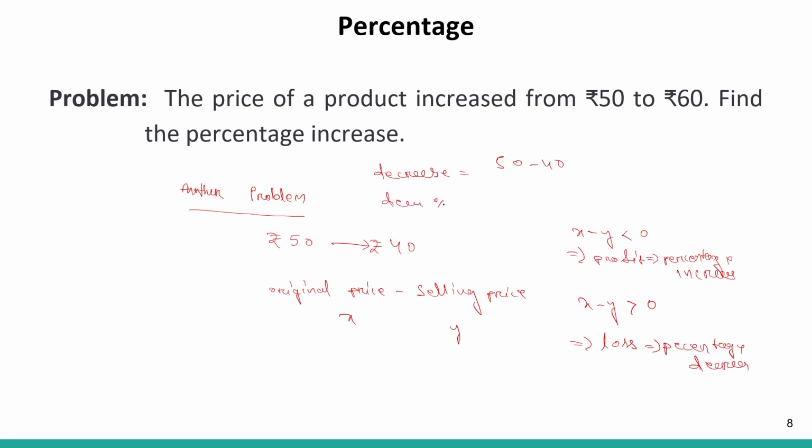Decrease percentage is equal to 10 by 50 into 100, that is decrease amount by original price into 100.